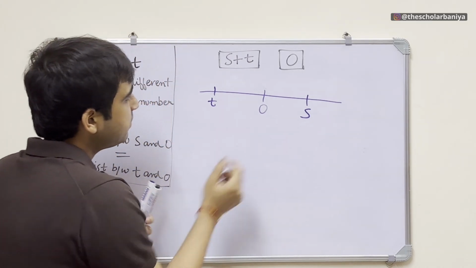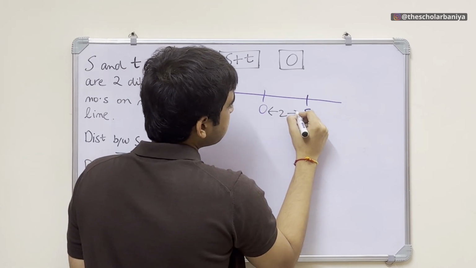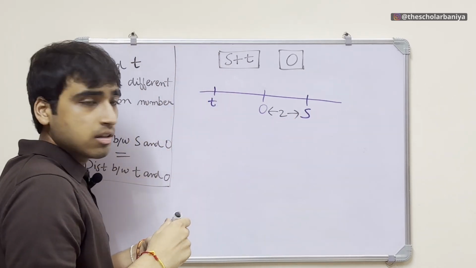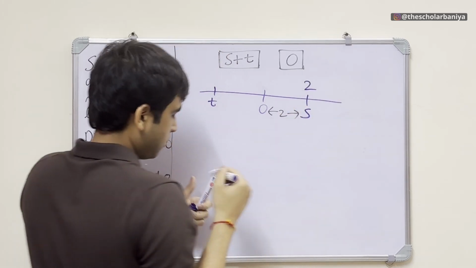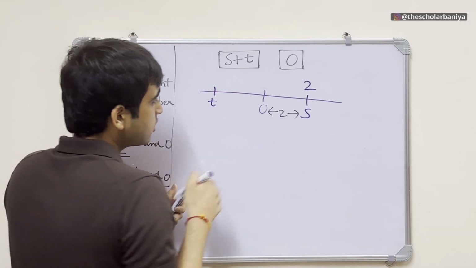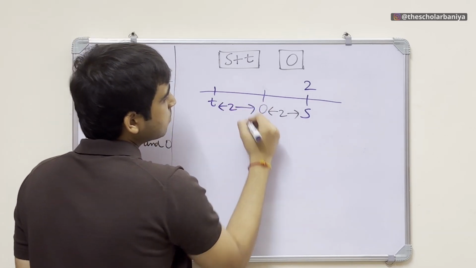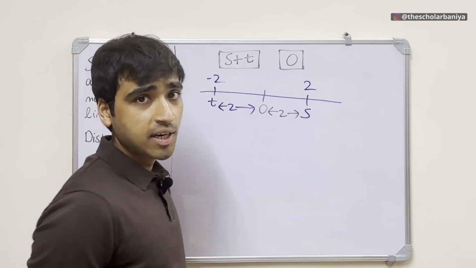So for example, if this distance is 2, right? So this point will be 2, right? And we know this distance is the same as this distance. So if this distance is also 2, so T will be minus 2, right? Because it is on the left side of 0.